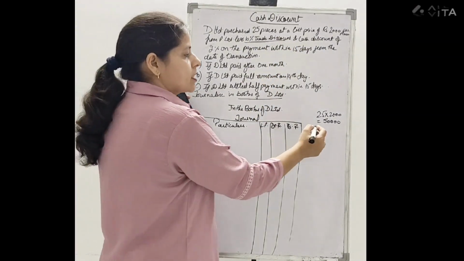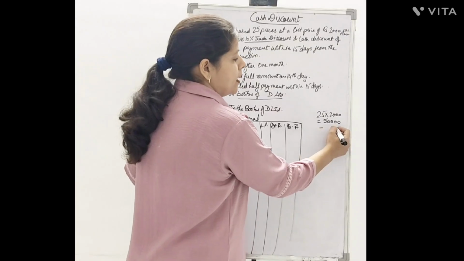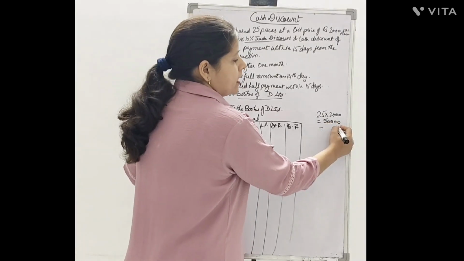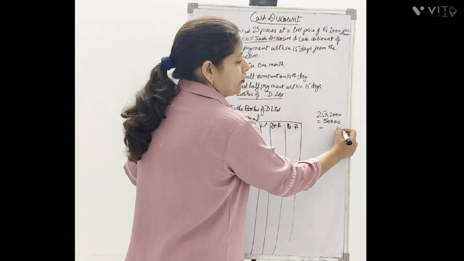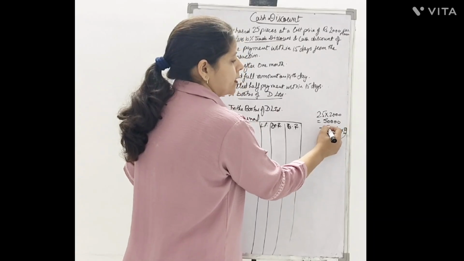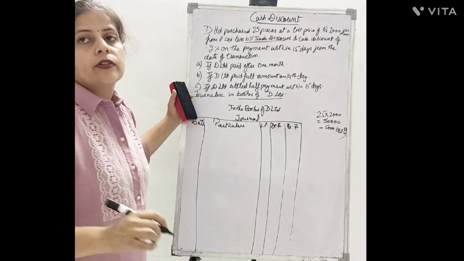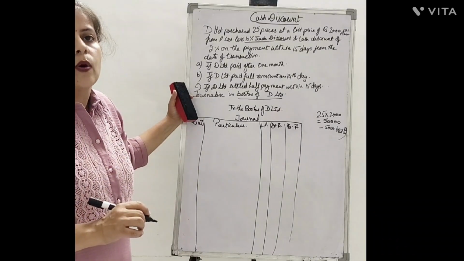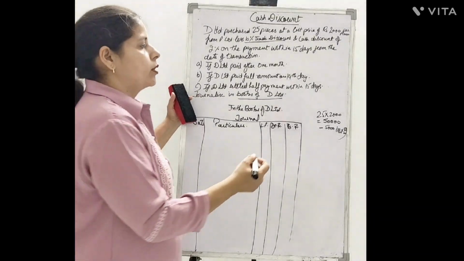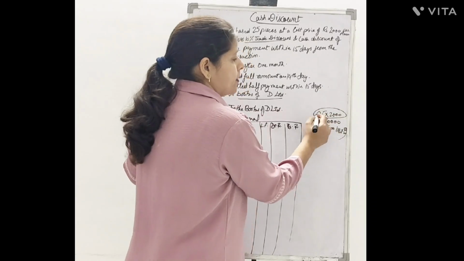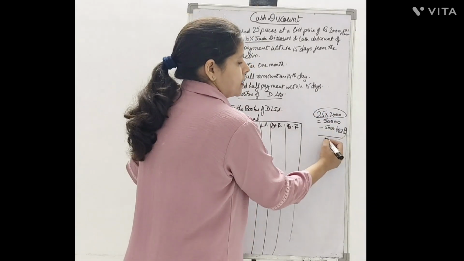Trade discount is allowed on bulk quantity purchase. Here 10% of 50,000 gives a value of rupees 5,000. So out of the total list price valuation, 10% is deducted.